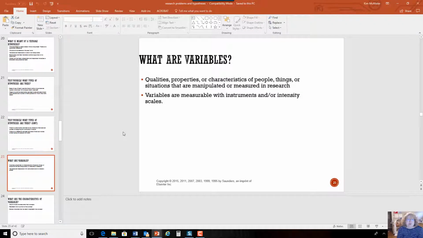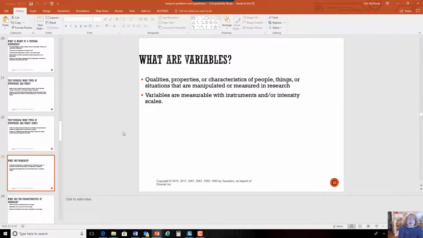So what are variables? Variables are properties or characteristics. They're things or situations. It could be diet, it could be exercise, it could be taking a particular medication, not taking a particular medication. These are all things that can be manipulated or measured in research. So you're doing something and carrying something out. You're either not giving or you're giving.